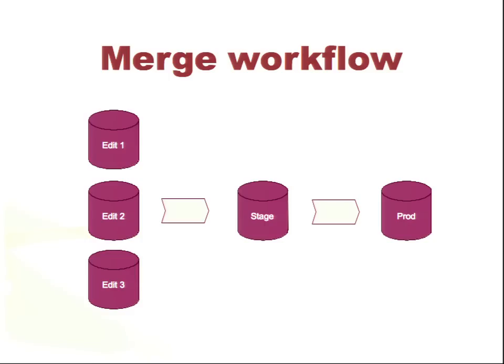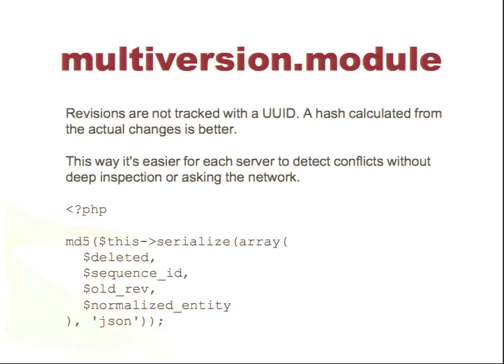We're doing a few more things, and I'm going to talk about the revisions in a little bit more detail, how that's actually being done. In the Drupal 7 version, we had UUIDs for revisions. UUID support for IDs is in core. There are not any UUIDs for revisions, which is a good thing, because we don't want UUIDs for revisions. Revisions, in this case, are a hash string calculated from the actual changes of an entity.